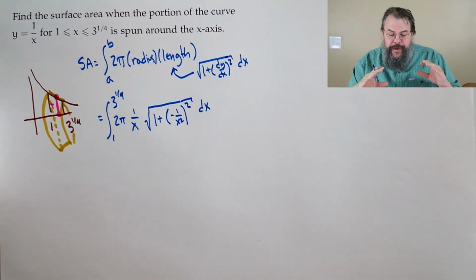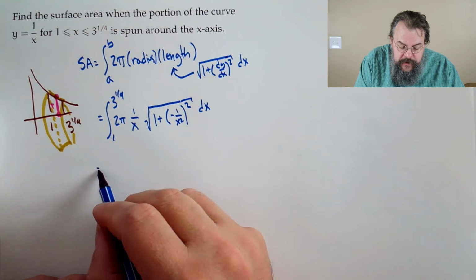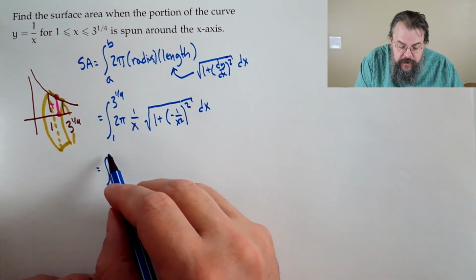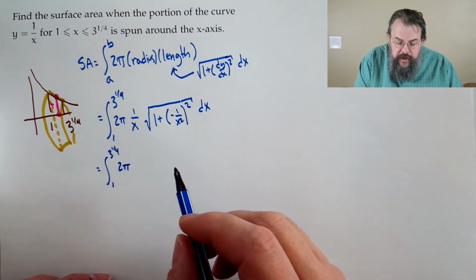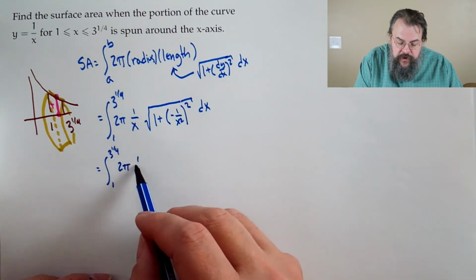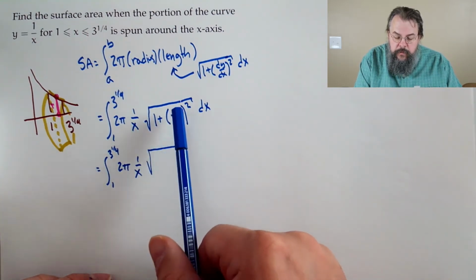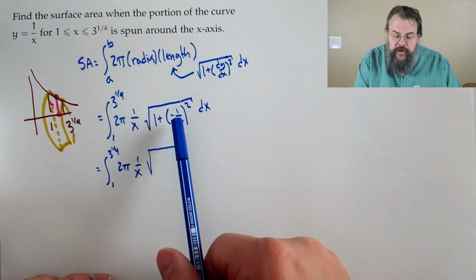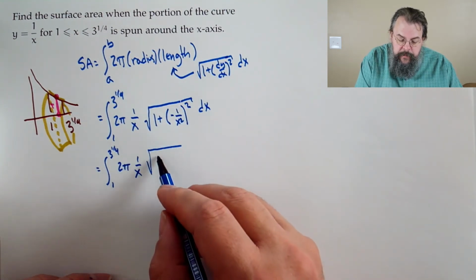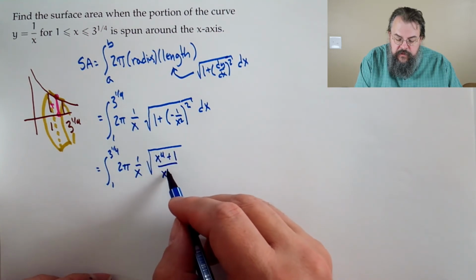Okay, so let's start by cleaning things up. Well, we can do a little bit here. 1, 3 to the 1/4, 2 pi. Now, what happens? There's a 1 over x, and this is really 1 plus 1 over x to the 4th. The minus goes away when you square it. Well, let's get a common denominator. That'd be x to the 4th plus 1 over x to the 4th.